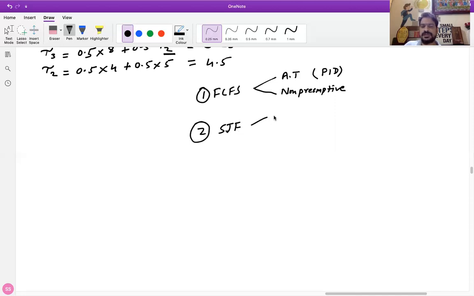The criteria on which shortest job first works is the burst time. If the burst time is the same for two processes, then arrival time will be the tiebreaker. And it again comes into the category of non-preemptive algorithm. Here also we have disadvantages. The first disadvantage is that in some problems the convoy effect still exists.